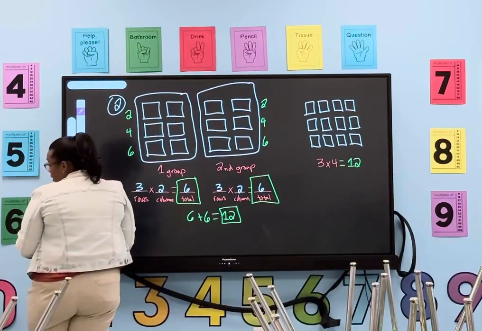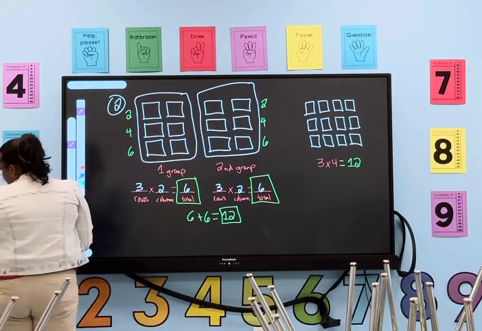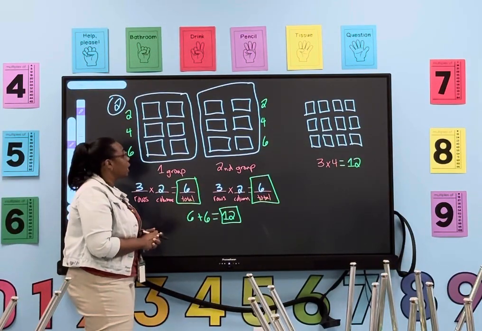So the question asks us: explain how our diagram can help us to find 3 times 4.